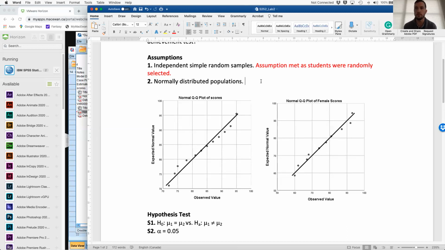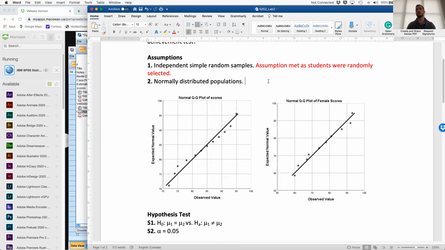And again, when we are using QQ plots to determine if there's evidence for normality, what we would expect to see is that the observed values and the expected normal values are linear with one another. So there is a small deviation here between the 75 and 80 quadrant, but I wouldn't say that this is a significant deviation from linearity.